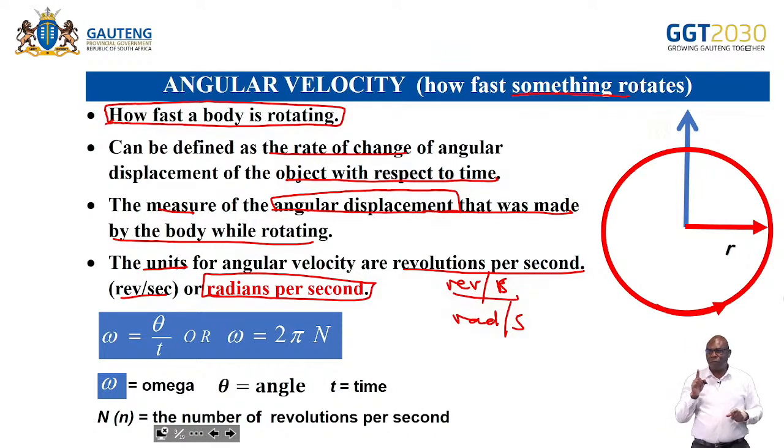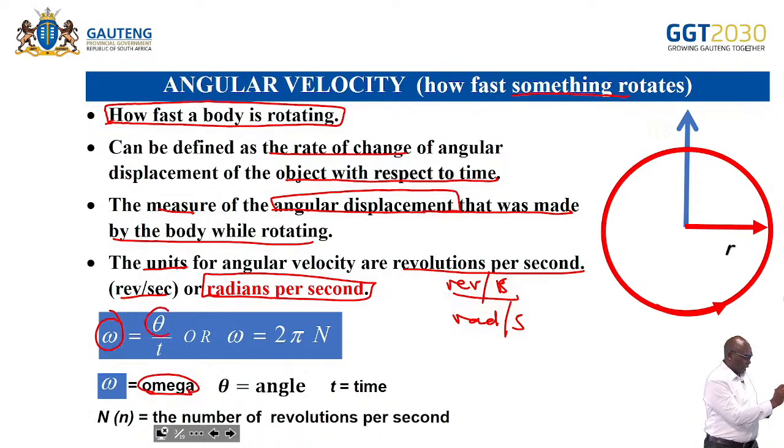Right, now let's look at the formula for the angular velocity. The angular velocity is that sign which looks like a W, but it is not a W. It is called omega. From now on, that sign we call omega.